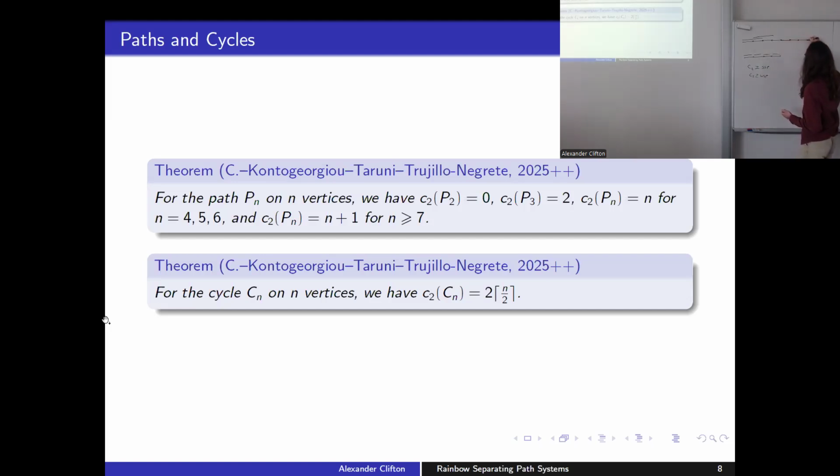So to give you a sense of why that's the case, it's a path I've drawn with 8 edges. And now I'll make a bunch of paths that are about half the length. And you can see that this is in fact a weak separator. And we can also check that it's the best possible.